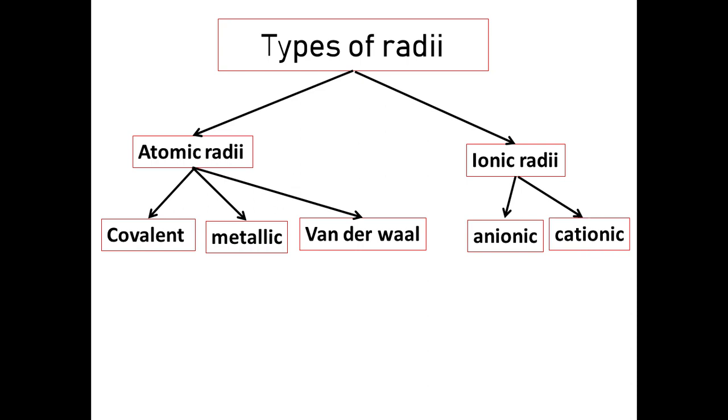The radius of an anion is called anionic radius, while the radius of a cation is called cationic radius. You already know the anions and the cations. Anions are those species which have a negative charge, while cations are those species which have a positive charge.